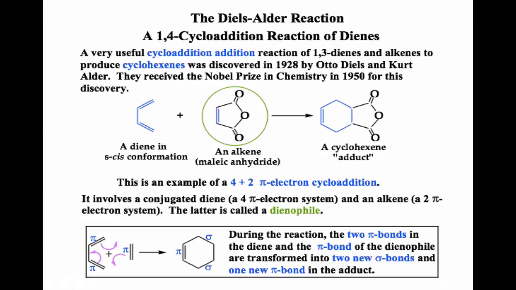The problem is Mother Nature actually goes through other routes to make six-membered rings that are just a lot easier. To do this particular reaction, you would have to take these two reacting partners and actually heat them up to about 150 degrees. That's why we probably can't find an enzyme that does this. There's just not the energy in a biological system to do it this way.